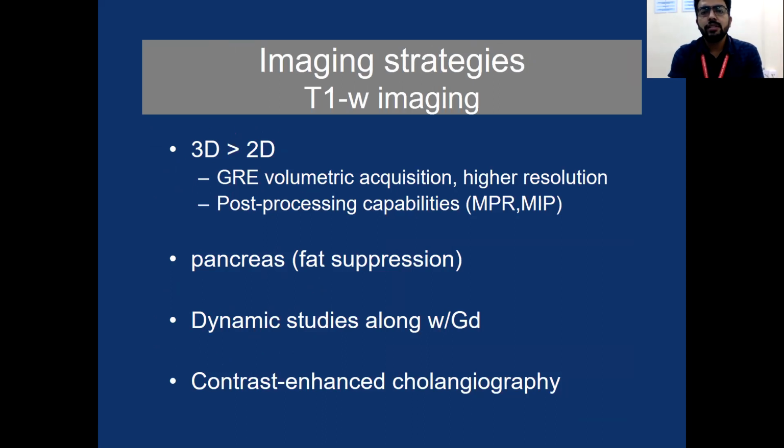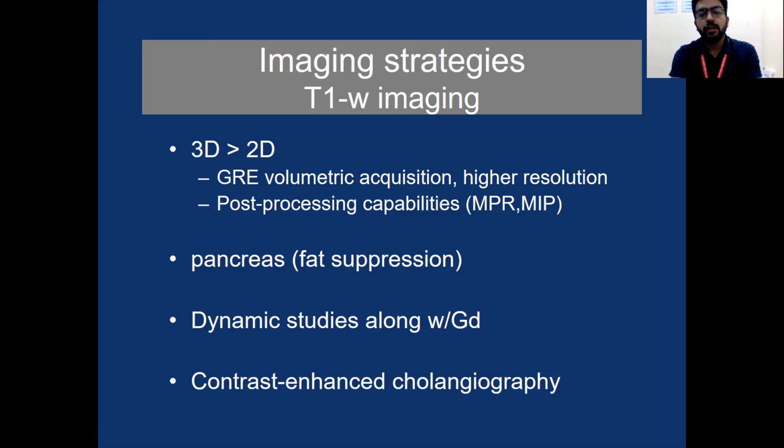Now, imaging strategies, we can also have T1 weighted imaging, where 3D is preferred more than 2D. GRE volumetric acquisition, higher resolution, we have post-processing capabilities where we can do MPR and MIP. For the pancreas, we can also opt for fat suppression imaging, and we can also do dynamic studies along with gadolinium contrast studies.